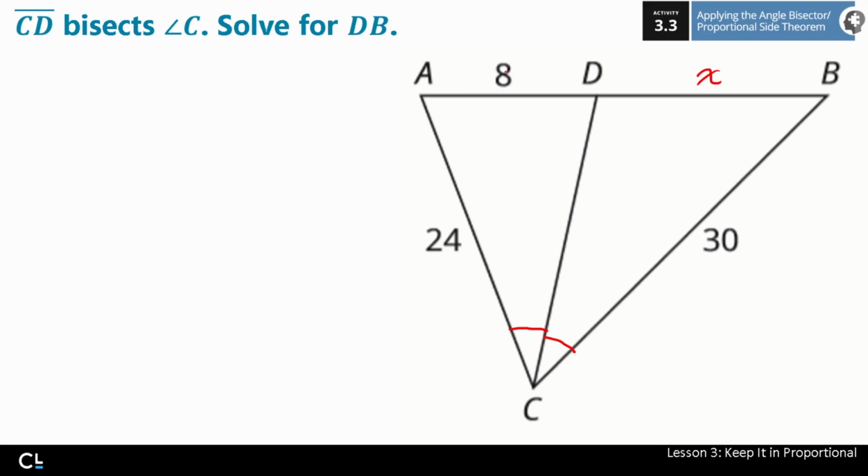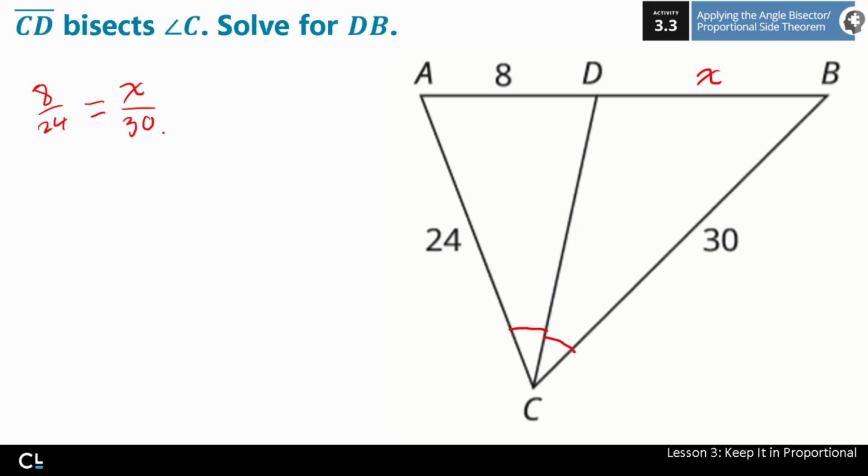We can't do 8 over x and 24 over 30. That doesn't work, right? Because they're on opposite sides of CD, that angle bisector. The two numbers in the same fraction have to be on the same side of that bisector. So we're going to do 8 over 24 equals x over 30.